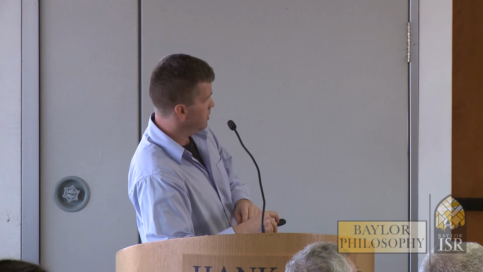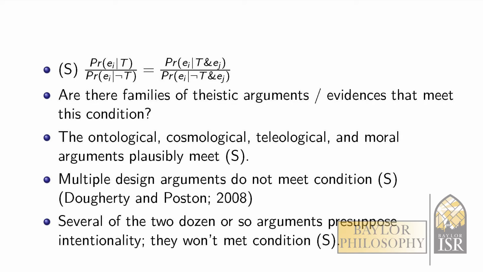So the question is, how many items of evidence or arguments are such that this screening off condition holds? Now, I don't know. That's a question for people to figure out.